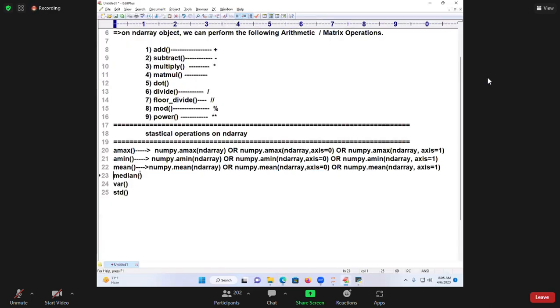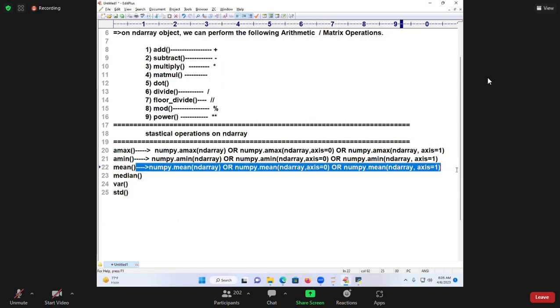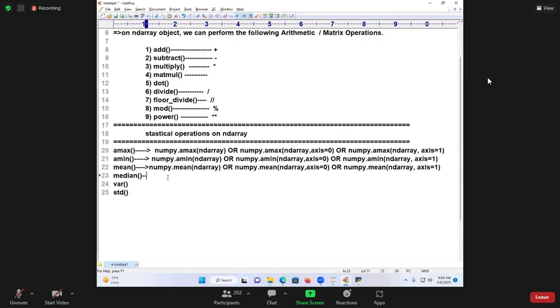What is median? Of course, nothing difficult about it. So there I am going to apply the same median. What do you mean by median? I will explain. Median is nothing but arranging the given ND array elements in sorted order and taking the center element.